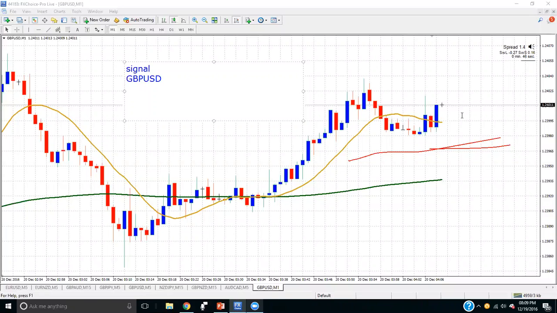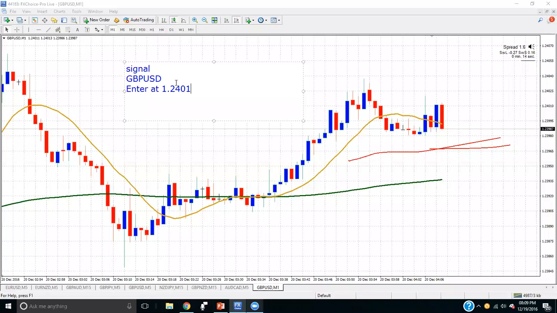And we can talk about some other things that we do, maybe just when we're scalp trading. But when you guys are trying to catch some pips, this is something you might want to pay attention to. So anyway, we get a GBP USD signal, and it might say enter at 1.24010.